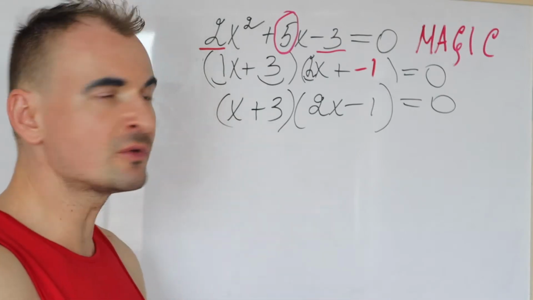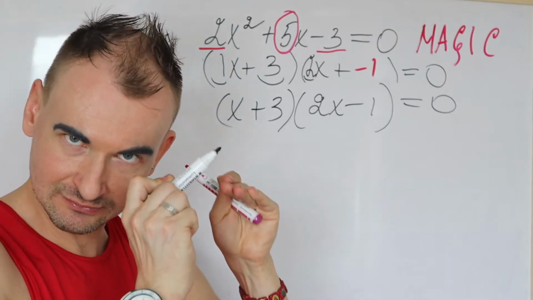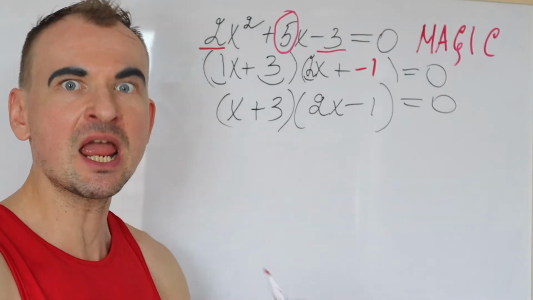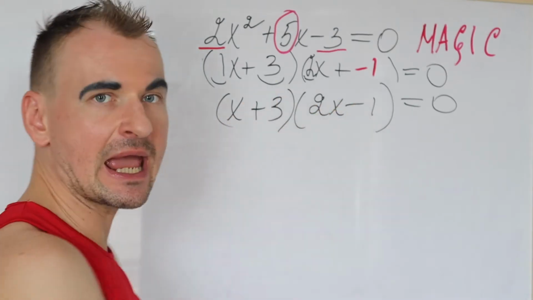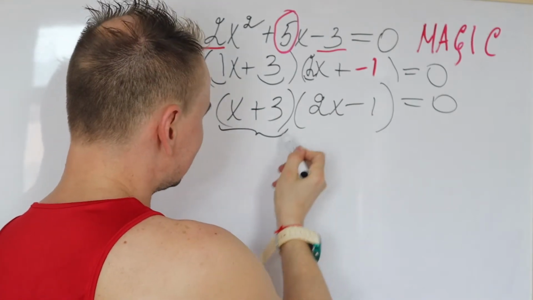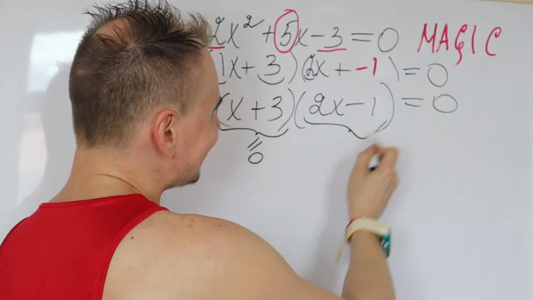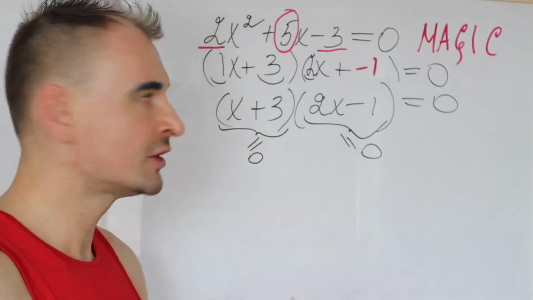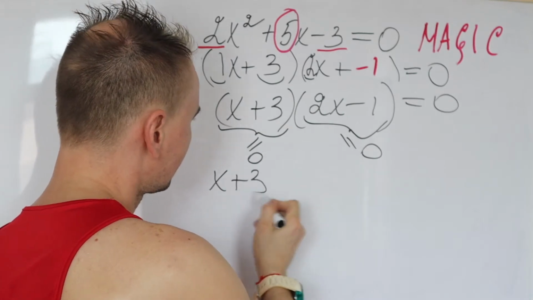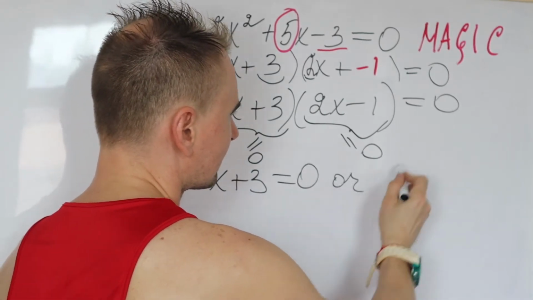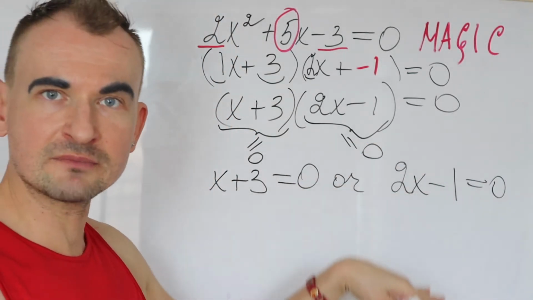So what we are going to do is pull them separately down below and solve separately for x, each of these two linear equations. So you set the first factor equal to 0, and you set the second factor equal to 0. Pull them out down below.